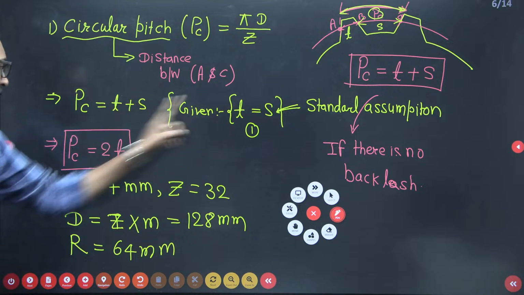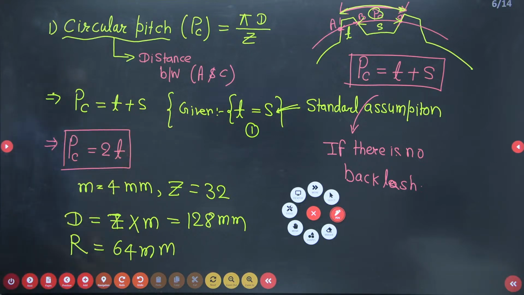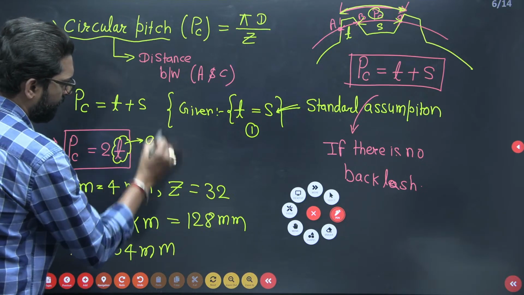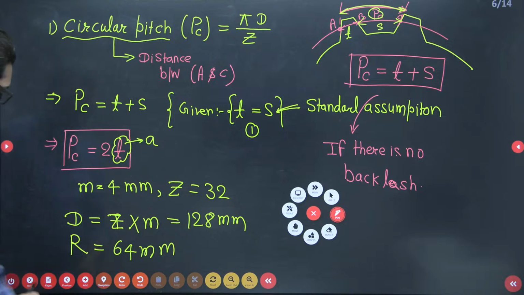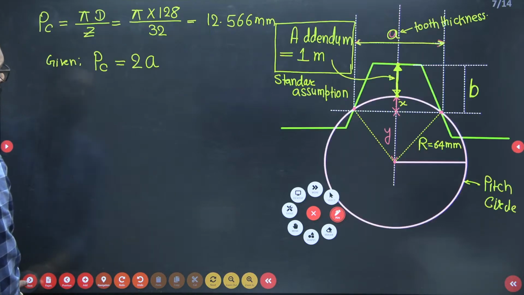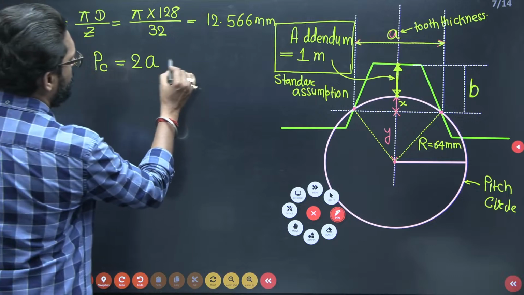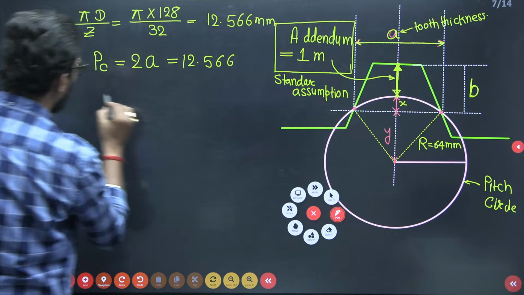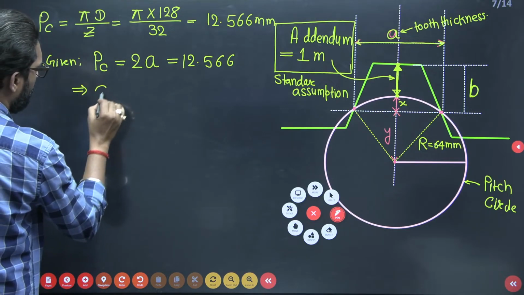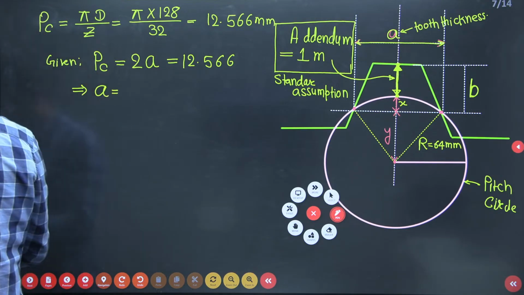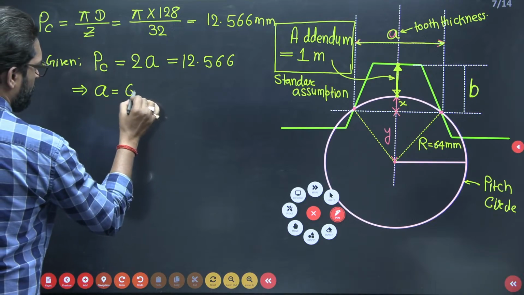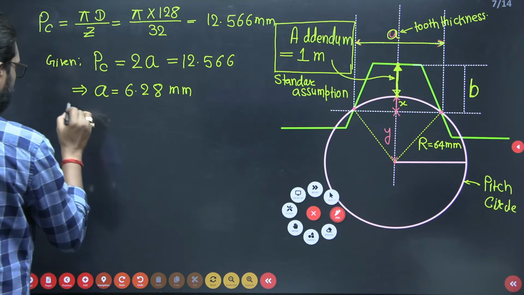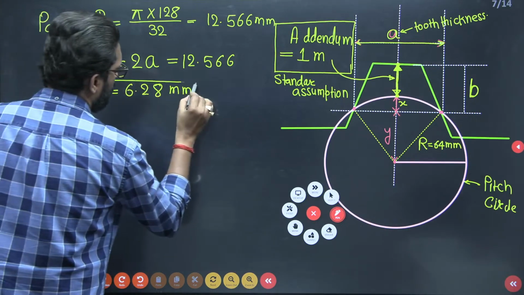So P is equal to 2 into T, and T is tooth thickness, and here instead of T it is given A. Clear? So PC is equal to 12.566. So what is the A value here then? A is 6.28 mm. So this is the tooth thickness we have.